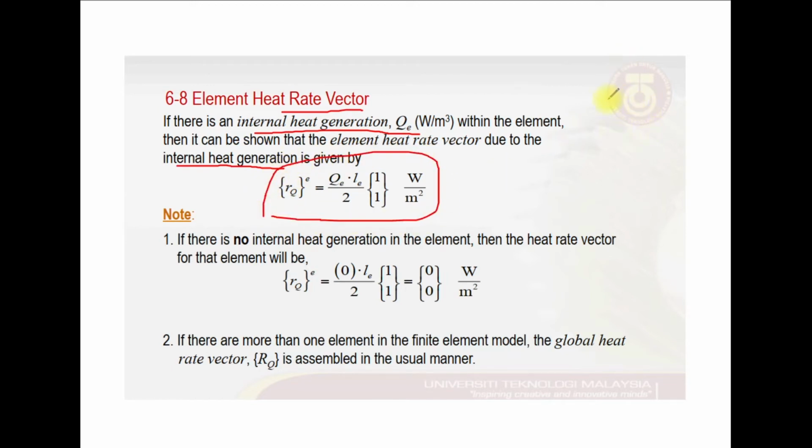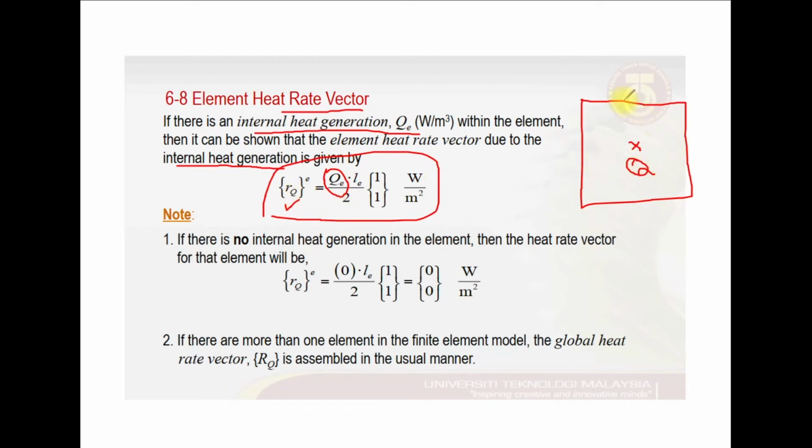So that means if within my plane wall there is heat generation applied to my problem, then there will be a value to substitute for Q here, and there will be a value for the heat rate vector.